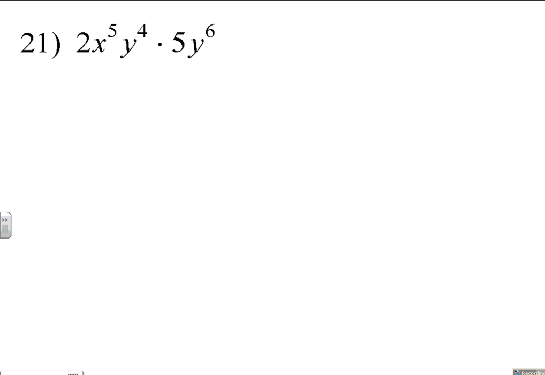A lot going on, but this is simpler than some with all the negatives. I only have a plain old 2. I only have a plain old 5, so I'm going to multiply those. 2 times 5, 10. I'm going to take a look at my x's. I've got 5 x's, and that's it. Multiply together the y's. I have 4 of them and 6 of them, or do I have 6 groups of 4 or 4 groups of 6? Nope. I have 4 of them and 6 of them.